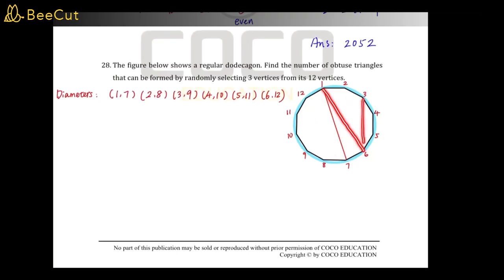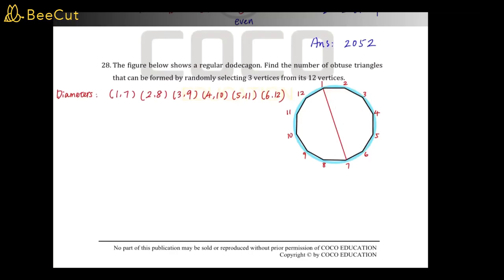Now if you connect them, this angle is greater than 90, an obtuse angle. You can choose 1, 2, and 3. This is an obtuse triangle. You can choose 1, 2, and 4, 1, 2, and 5, or 1, 3, and 4, or 1, 4, and 6. These are all obtuse triangles.